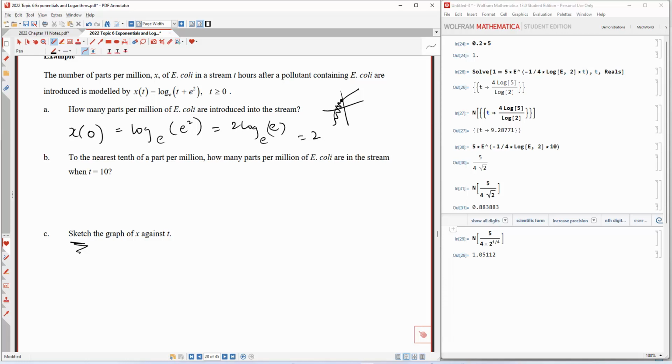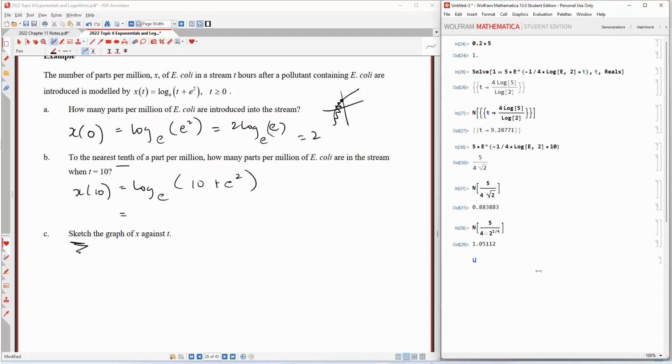To the nearest tenth of a part per million, how many parts per million of E. coli are in the stream at t equals 10? Okay, so x of 10 equals log e of 10 plus e to the 2. That's the answer, but they want it to the nearest tenth, so let's use the calculator.